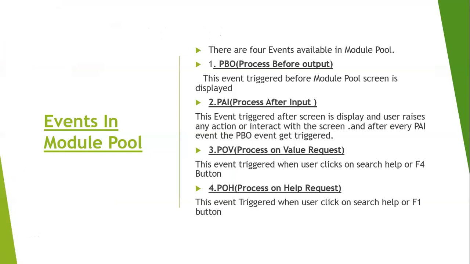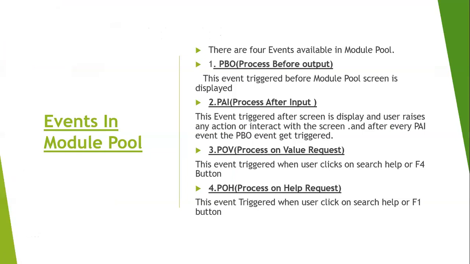You need to loop the screen, and you can modify it. Using that, you can manipulate and modify the screen dynamically. Same way, in a module pool, if you want to modify the screen dynamically, you need to write the code in the PBO event.